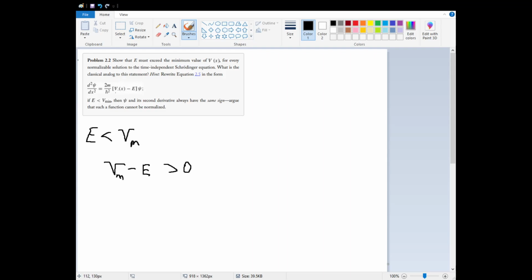And as a result, the second derivative of psi with respect to x is going to be proportional to some constant c times psi, where c is greater than 0. Because here V minus E is positive, 2m over h bar squared is also positive. Therefore, this is all just some positive constant c.